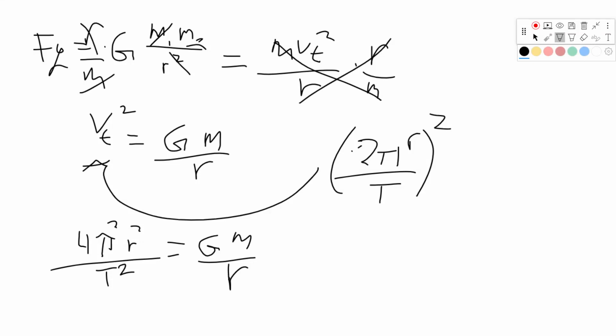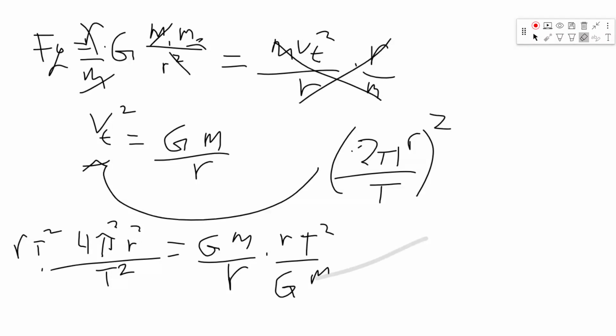Okay. Then we want to go ahead and try to isolate or get T squared on its own. So to do that, we're going to multiply both sides by r, and we're going to wind up multiplying both sides by T squared, and dividing both sides by G and M. Well, let's not get ahead of ourselves.